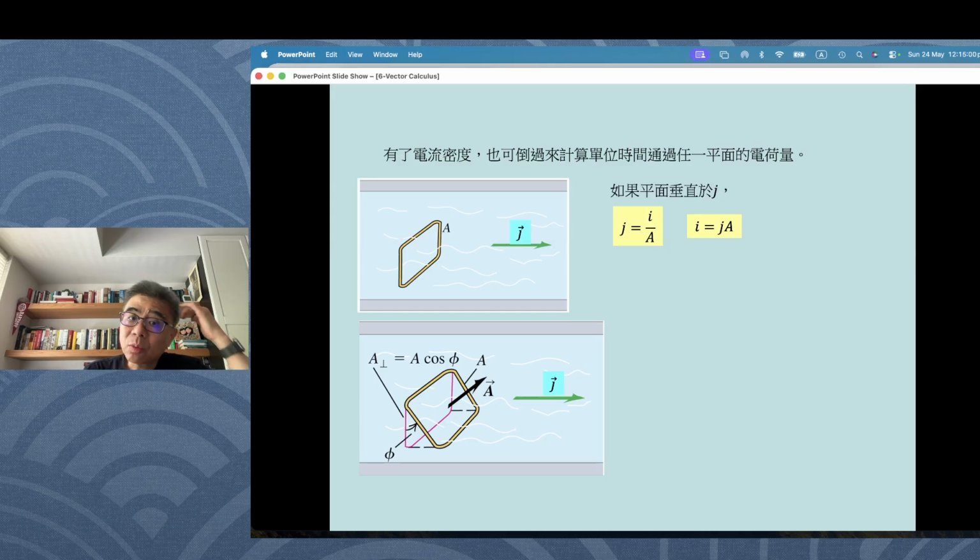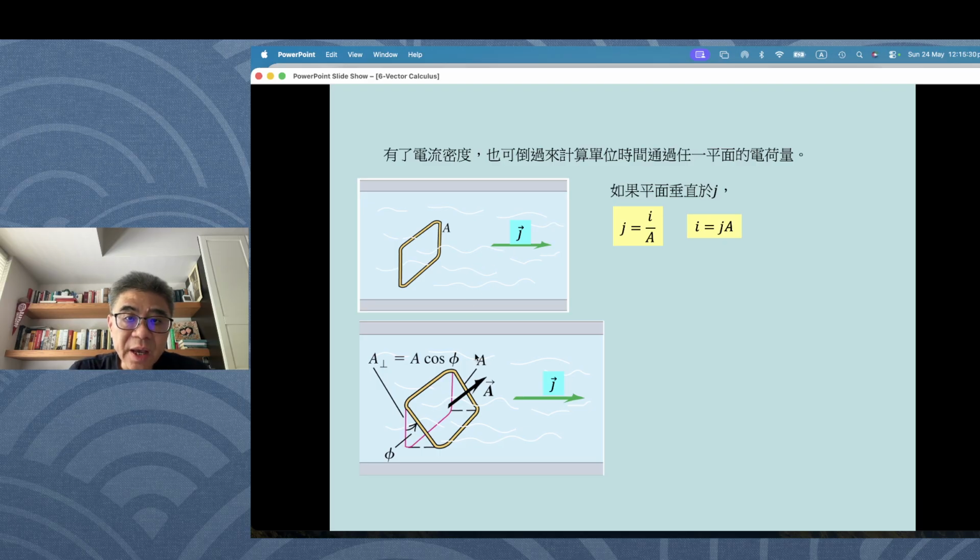With J defined as I over A, I can reverse the formula, pulling this A to the left-hand side, and get I equal to JA. This formula is only true if the plane is perpendicular to the direction of the charge moving, or J.